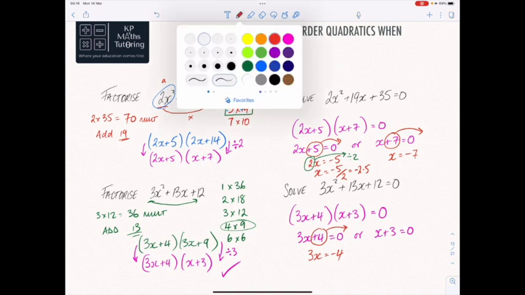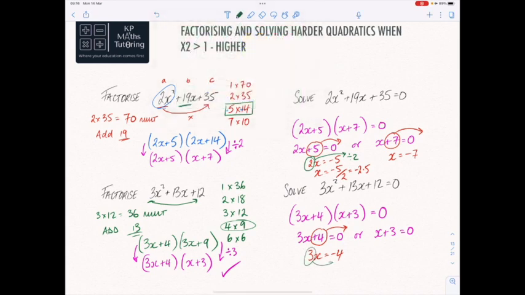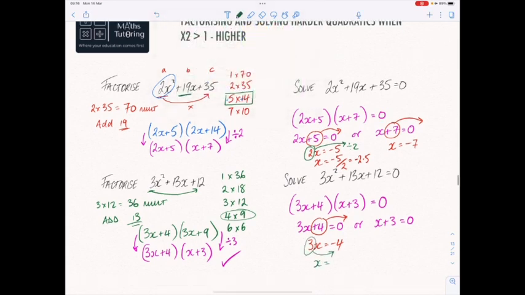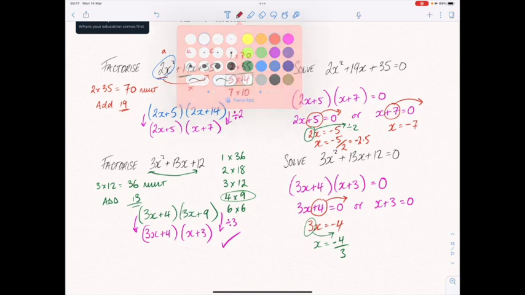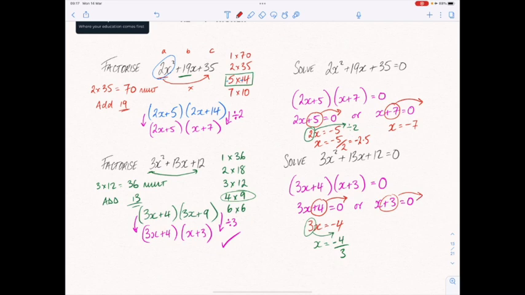And then because it's a times by 3, I need to divide by 3. So x is equal to minus 4 divided by 3. Okay, or you could leave that as a decimal, 1.3 reoccurring. And on the right hand side here, we are saying the plus 3 goes over, so x is equal to minus 3. They are your two solutions to that.